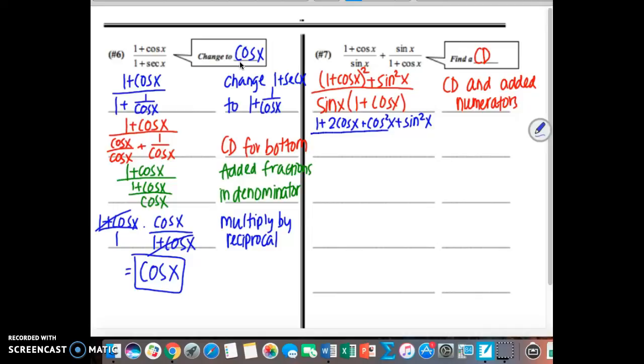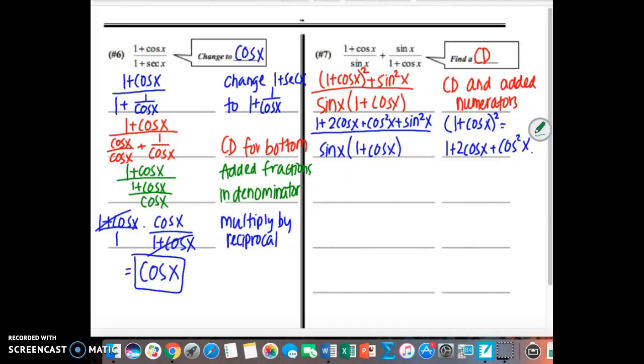And in the denominator, we will still have sine of x times 1 plus cosine of x. What we did here is just take 1 plus cosine of x squared and rewrite that as 1 plus 2 cosine of x plus cosine squared of x.